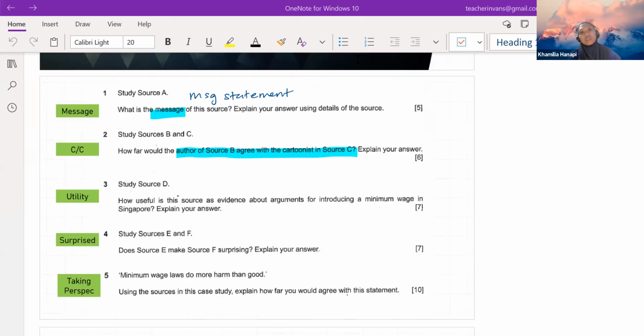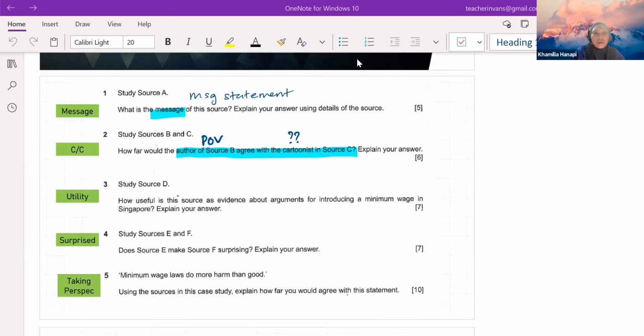Specifically for this question, the keyword is the author, the perspective and point of view of the author, and what the cartoonist is saying. It is a bit tricky because we are looking at cartoonists and the point of view of the author, so it is slightly demanding. You have to be very, very careful about that.